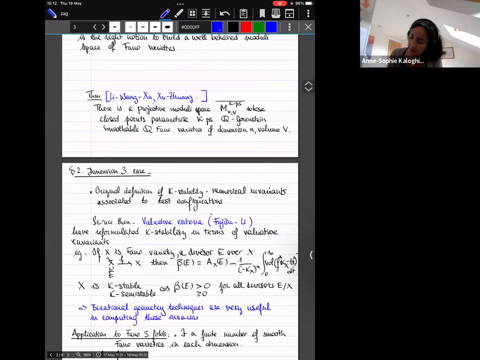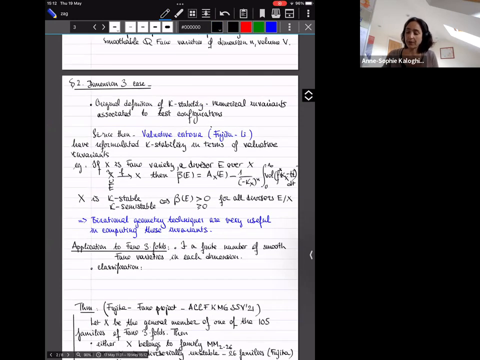So let me discuss a little bit the application of this theorem above on the projective moduli spaces to Fano threefolds. What we know is that there are a finite number of smooth Fano varieties in each dimension, and we know more in small dimension.